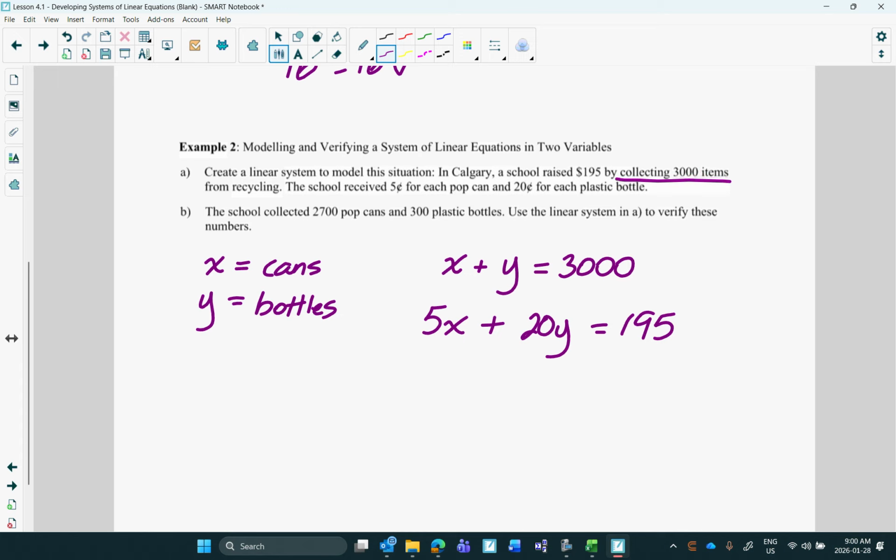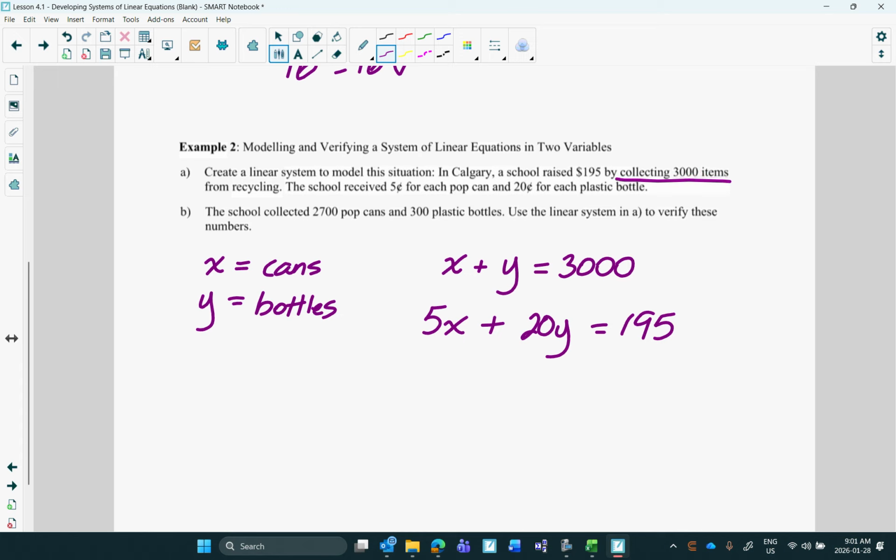This represents 5 cents. This represents 20 cents. This represents dollars. We can't have cents and dollars. We have to convert them all to cents or convert them all to dollars. I'm going to convert this to cents.